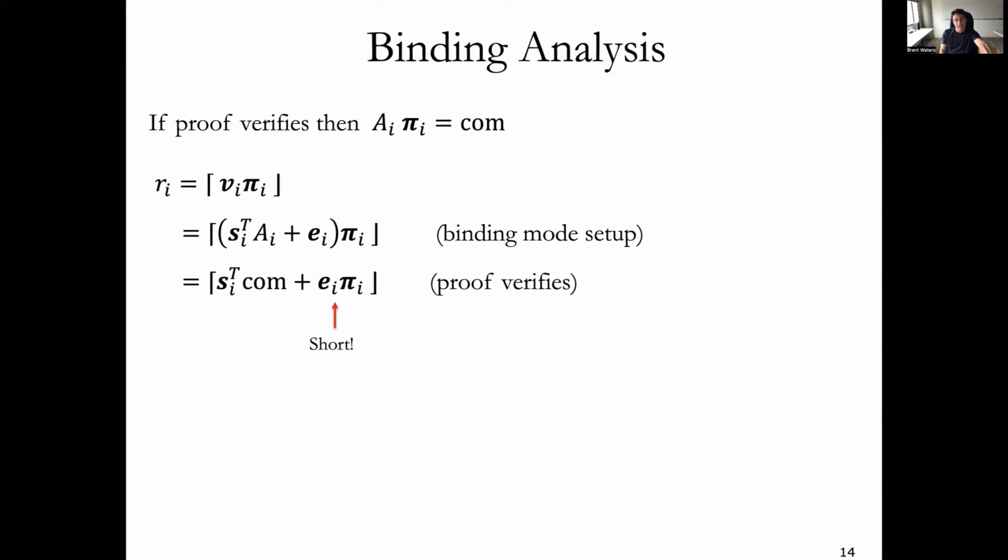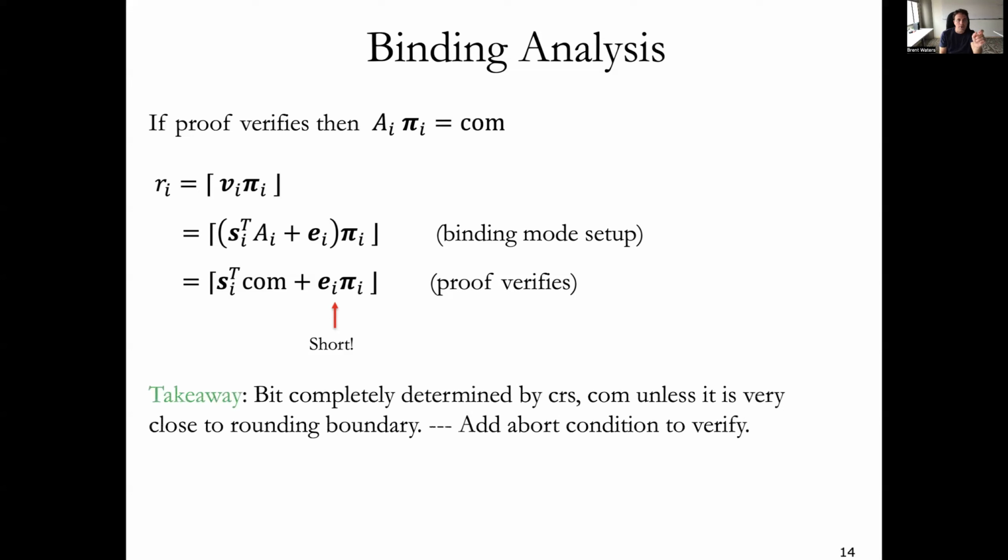Very importantly, e_i times pi_i is short, or at least not too big, not all the way into q. Pi_i, in order to accept, had to be not too big, and e_i was chosen to be short in the setup. The takeaway is that if you ignore e_i times pi_i, the bit only depends on the commitment and this vector s chosen by the CRS. So it seems to be almost determined only by the commitment and what came from the common reference string.